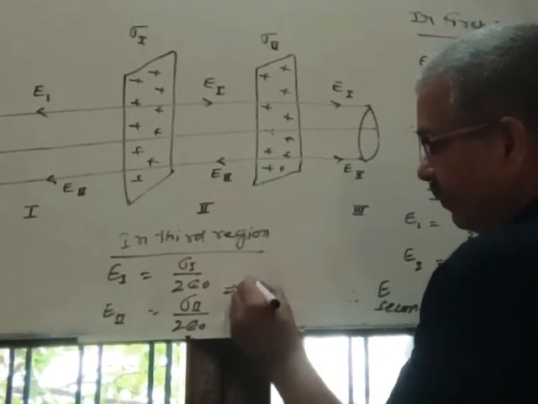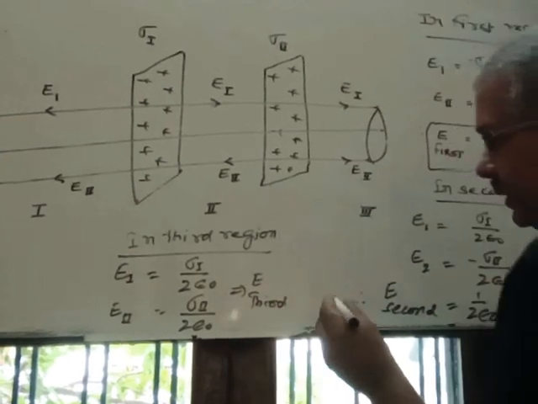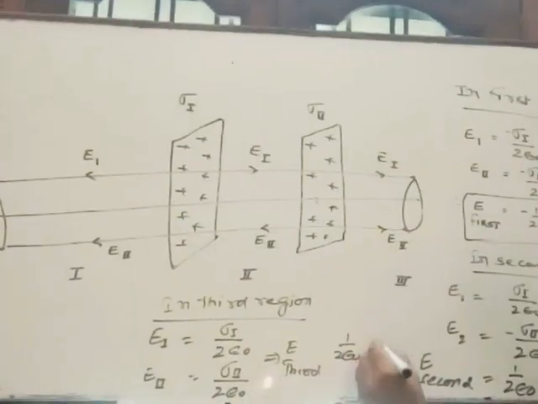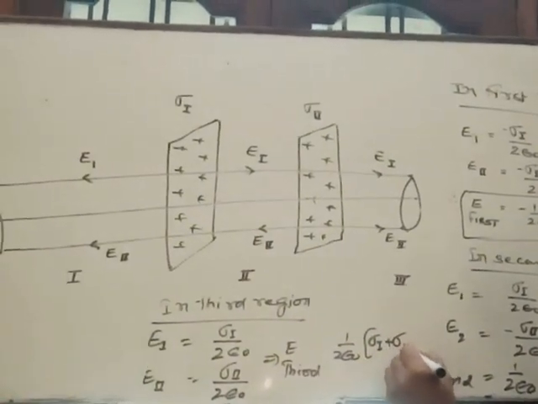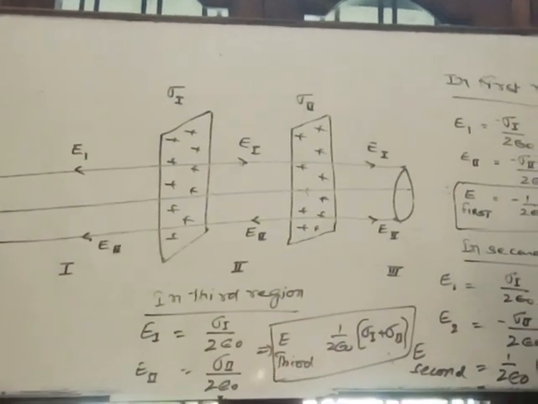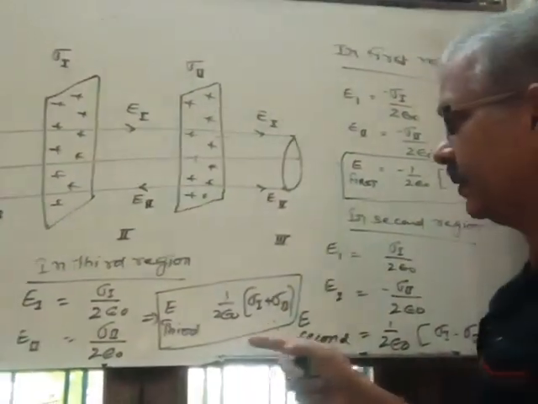Therefore, the net EFI in the third region is 1 upon 2 epsilon 0, taken as common, (sigma first plus sigma second). It is the EFI in the third region. Clear? For the first region, for the second region, and for the third region.